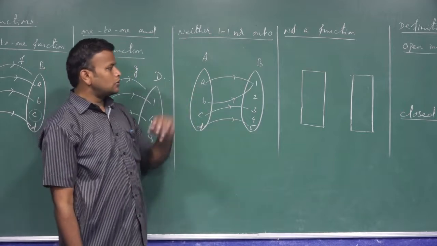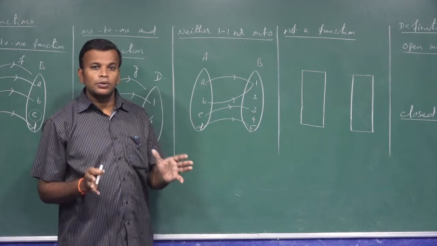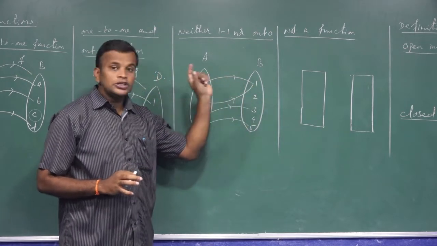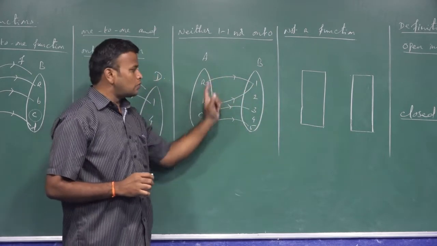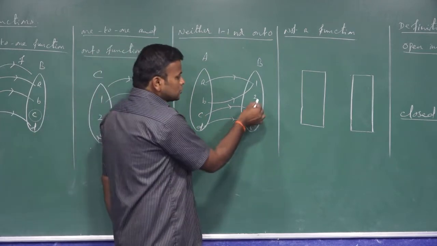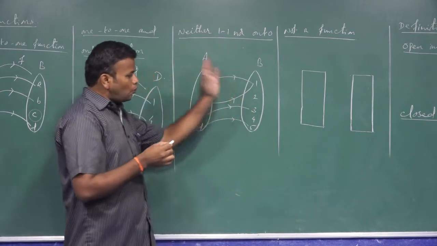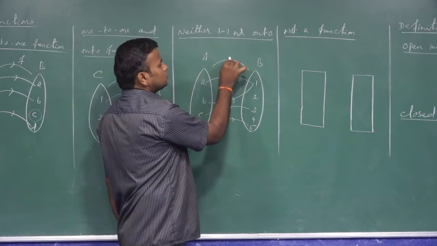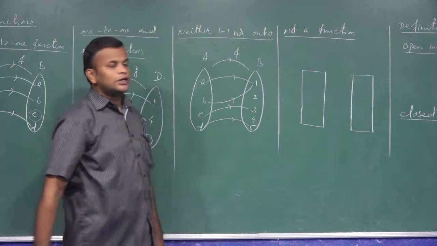Now we say it is not one-to-one because a and b have the same image 1. And also I say it is not onto because the elements 2 and 4 have no pre-image in A. The name of the function can be taken as f, g, h like this.